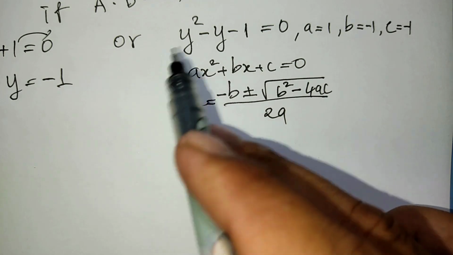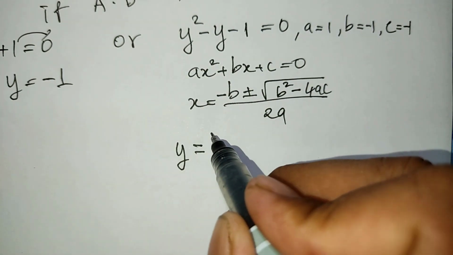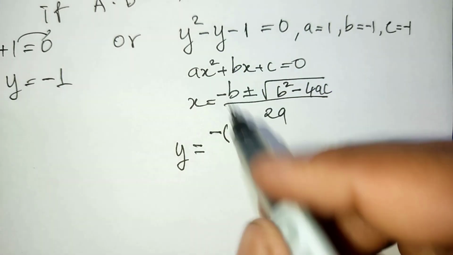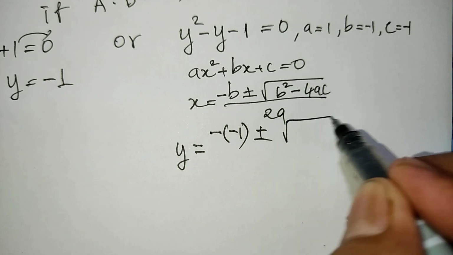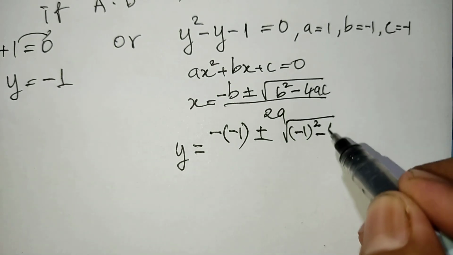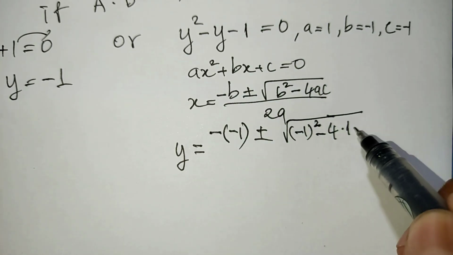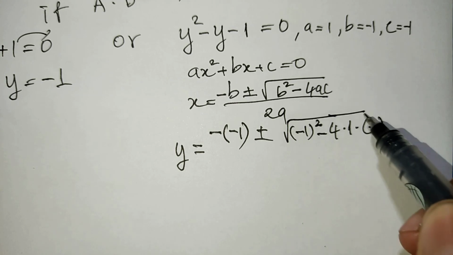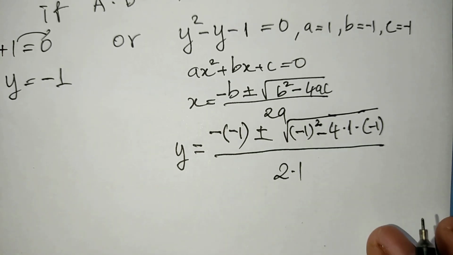So now we get the value of y is equal negative and negative 1, plus or minus square root of negative 1 squared minus 4 times 1 times negative 1, and divide by 2 times 1.